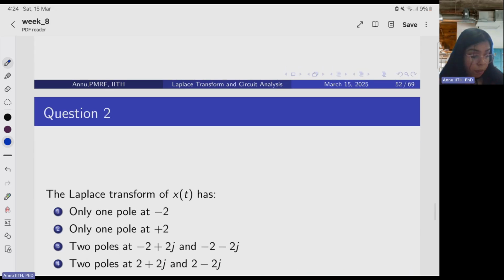Next problem. The Laplace transform of x of t has only one pole at minus 2, or two poles at this one and two poles at this one. So what is the obvious answer?